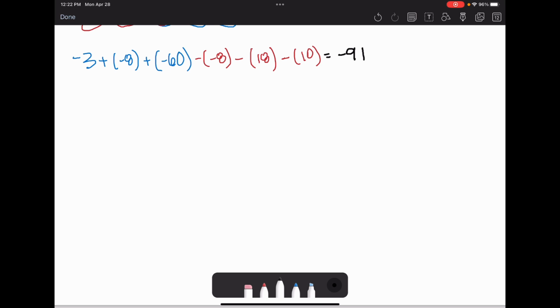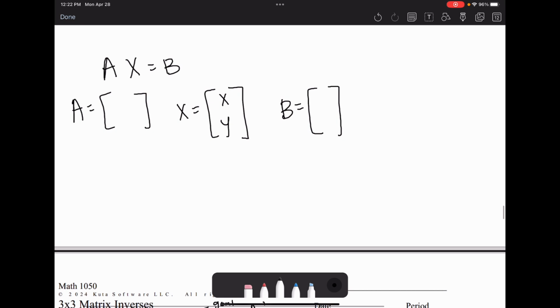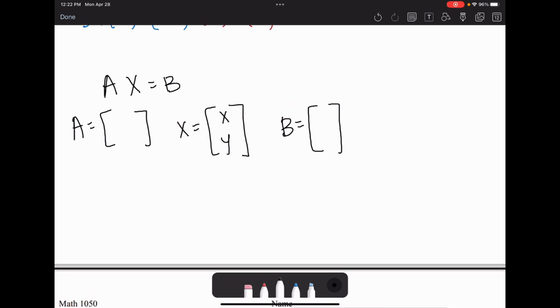So we can rewrite a system of equations as AX equals B, where you have your A, you've got X, which is like XY or whatever the variables are, and then B is whatever's on the other side of the equal sign. And if this was like 3x equals 4, we would just divide by 3, right?